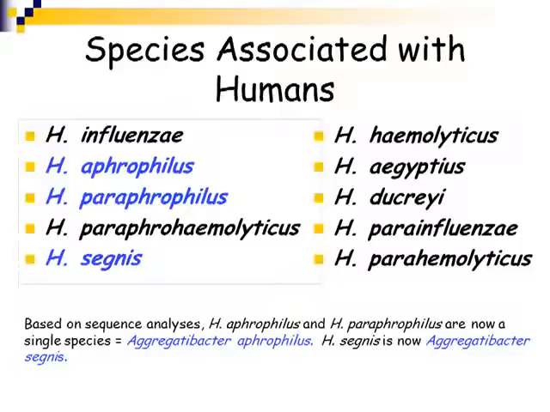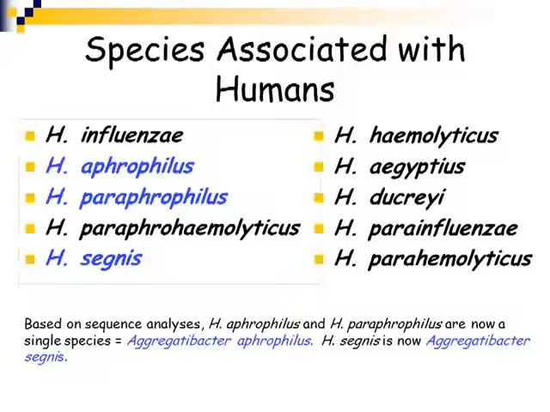Now, due to sequence analysis, multilocus sequence analysis, these 3 organisms have been renamed. Actually, Haemophilus aphrophilus and Haemophilus paraphrophilus are now one single organism, and that is Aggregatibacter aphrophilus. And Haemophilus cygnus is now in that same genus, but its own species, so Aggregatibacter cygnus.